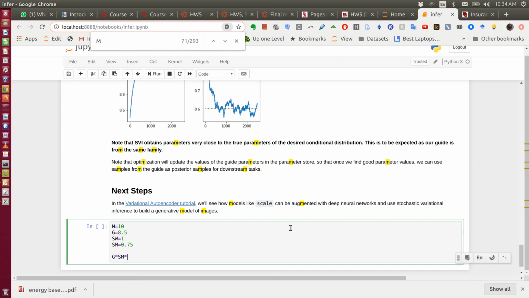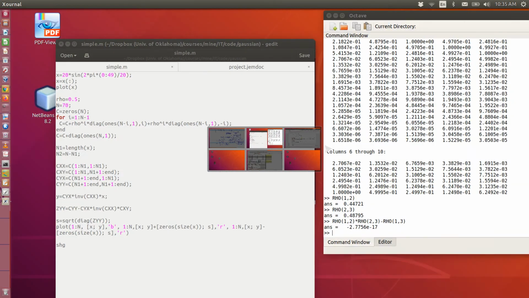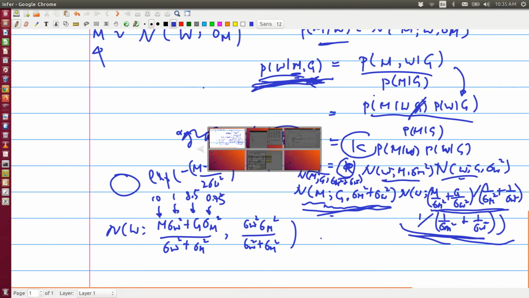Actually, I'm not certain that was the notation in Python. I forgot about that. Sigma m times sigma m, right? Or sigma w times sigma w. Wait.